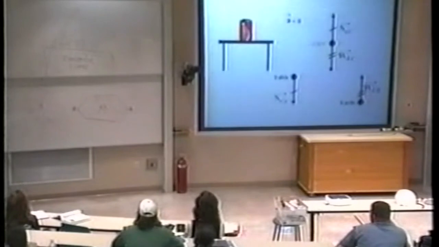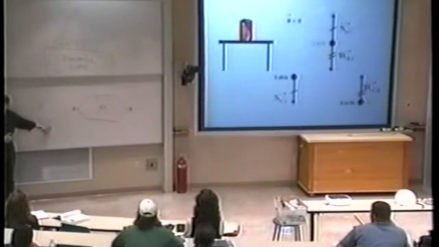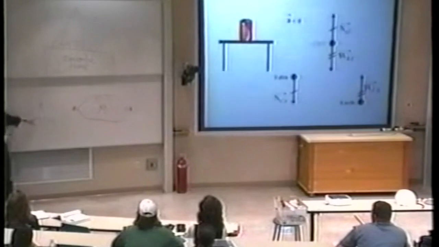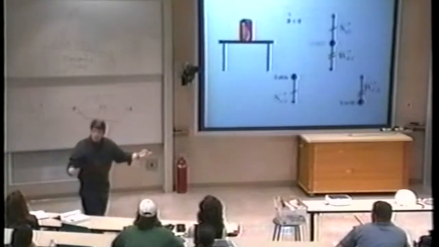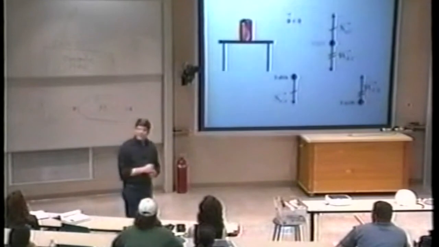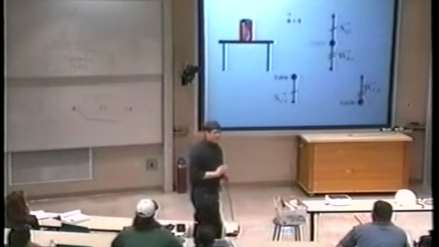I said, "Well, Mike, you told me that the normal force and the weight were third law companions, equal and opposite. They're not equal anymore." And he says, "Oh, but these 2 are equal to that." I said, "Oh, so what Newton really meant was for every force there's an equal and opposite group of forces." And at this point he started sweating.